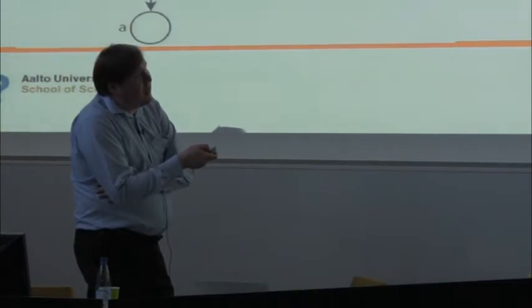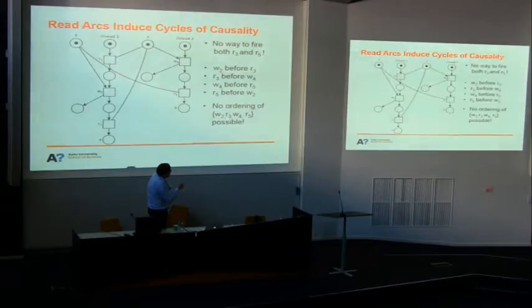And now this guy has to happen before that one, because if that would fire first, then this thing would be there already. So there's a cycle of things which says that actually you cannot ever fire W2, R3, W4, and R5 together at the same time.